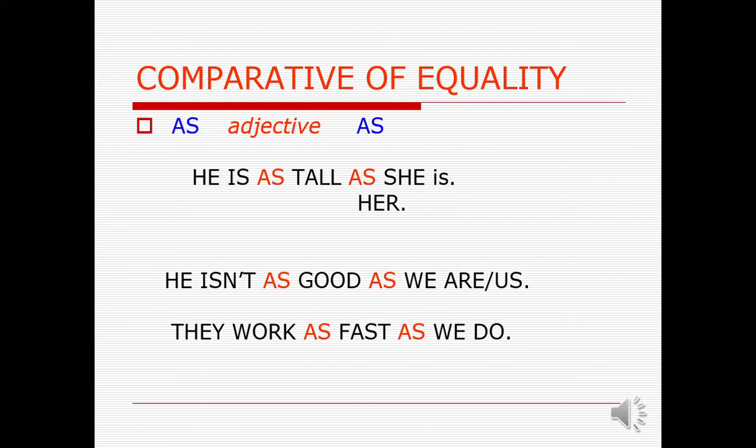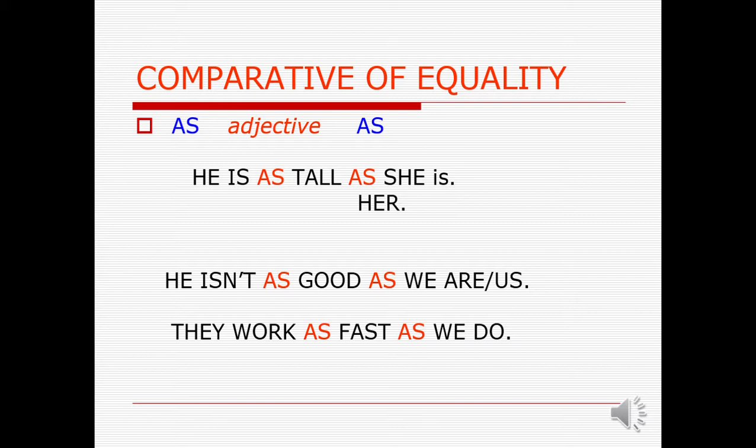The comparative of equality of adjectives is usually expressed by the combination as, adjective, as. He is as tall as she is, or he is as tall as her, or as in the last example, they work as fast as we do. In both of these examples, there is an equality between the characteristic being described, which is tall and fast.